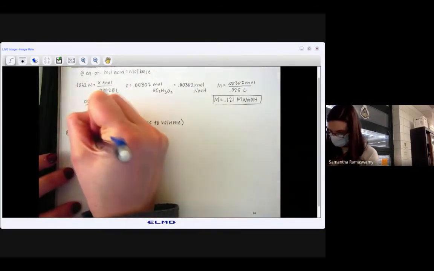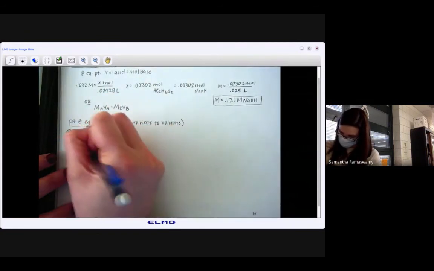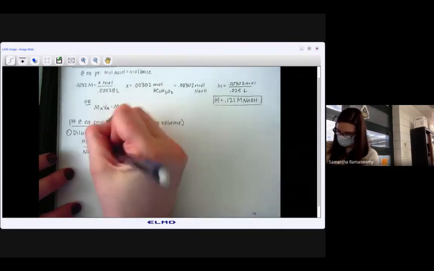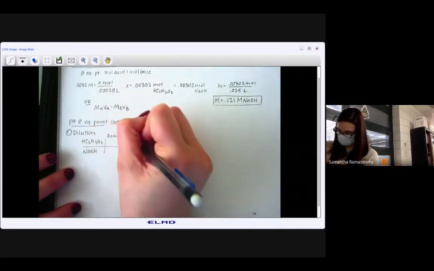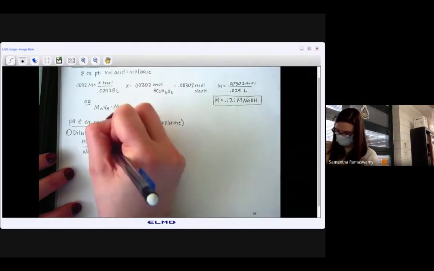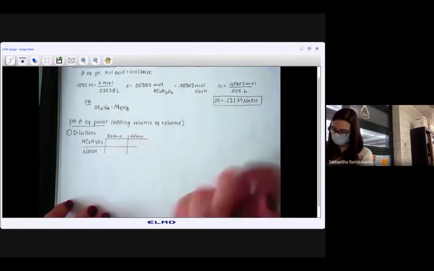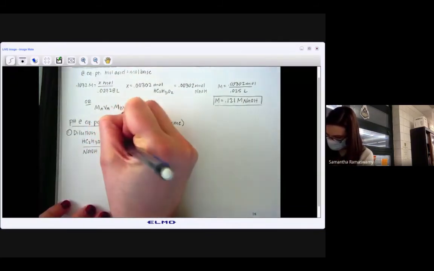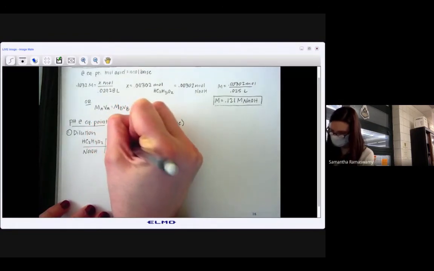So HC2H3O2 and NaOH. So here's before we mix and after we mix. Now in before, I'm going to put both pieces of information. So we had 0.1032 molar. We had 29.28 milliliters.